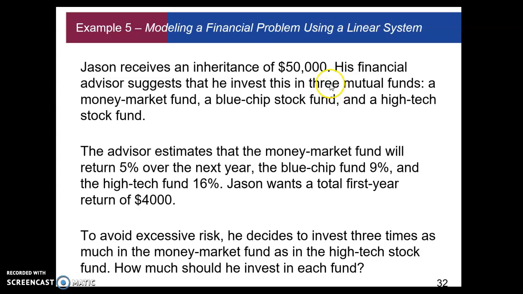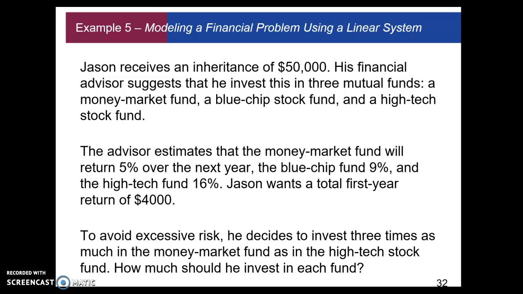So we have 3 unknowns here. We don't know how much he's going to invest in each of the 3 funds, the money market, the blue chip, and the high-tech. So we'll call one of those unknowns X, the other Y, and the other Z. We want to set up a system of 3 equations because there are 3 unknowns.